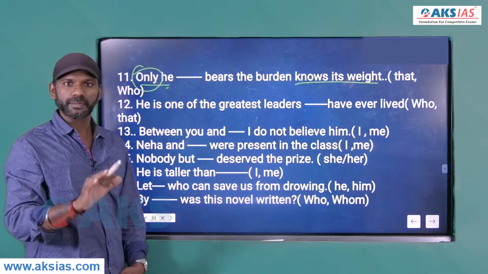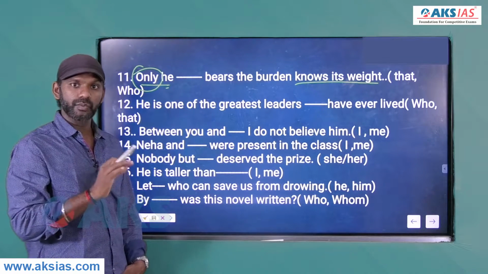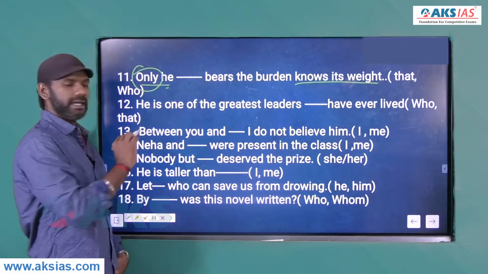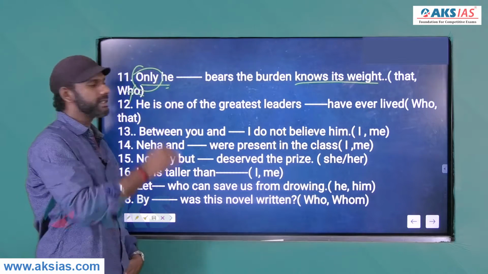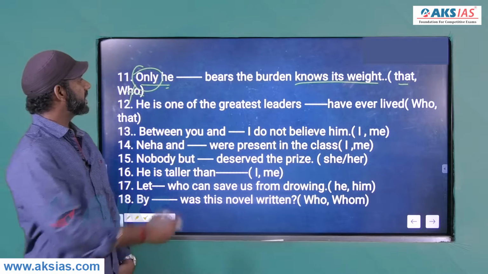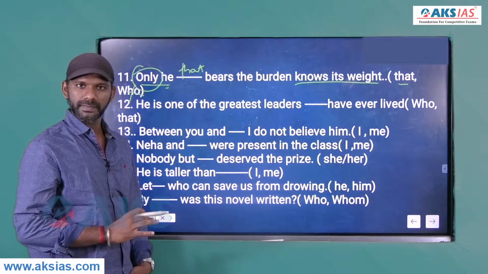That means it is very specific here. And as it is very specific, when we have an option between that and who, we have to go for that. So in this context, even though both are correct answers, our task is to find out the better option or the best option. Right? In this context, who is eliminated. It must be that. So, only he that bears the burden knows its weight.